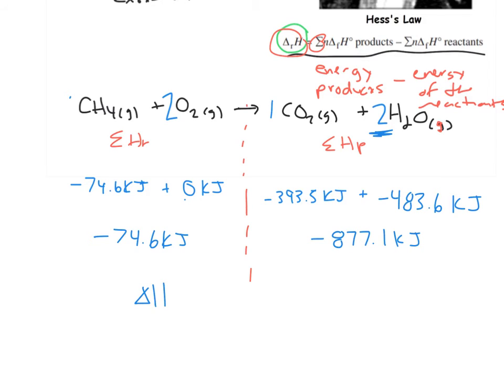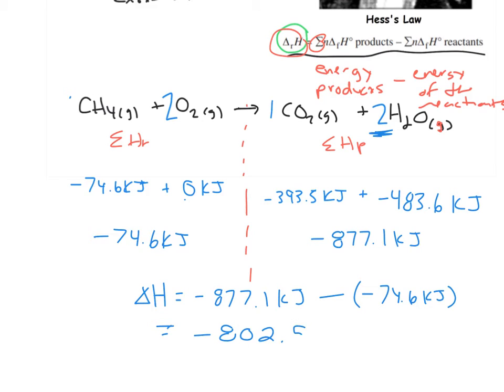So Hess's law, my delta H, is my products, which is negative 877.1 kilojoules, minus my reactants, so negative 74.6 kilojoules. So the enthalpy of this reaction is negative 802.5 kilojoules.